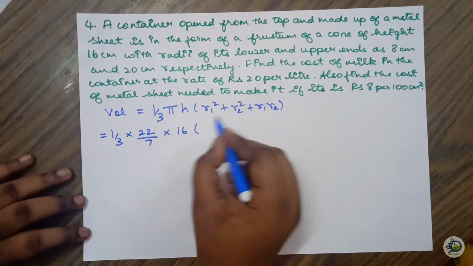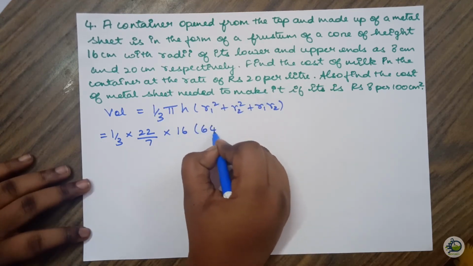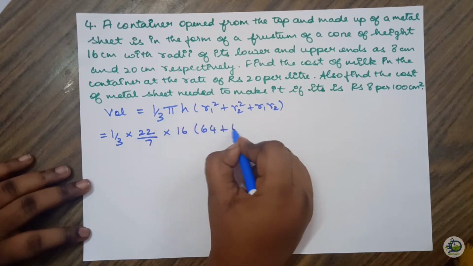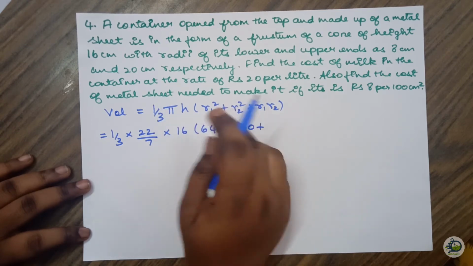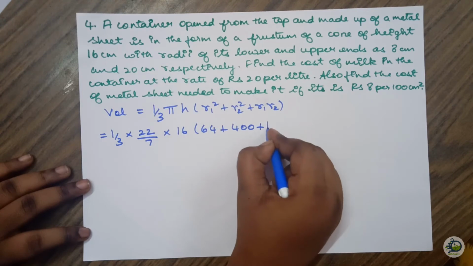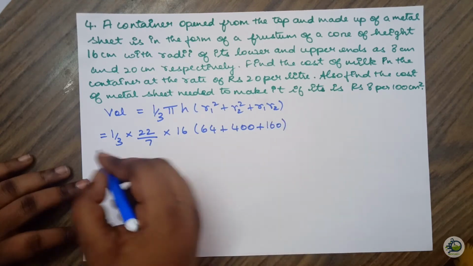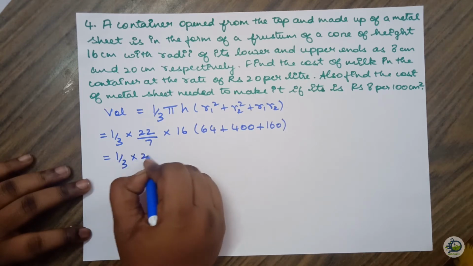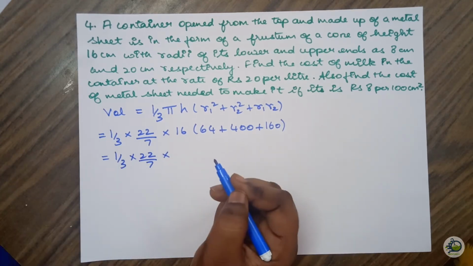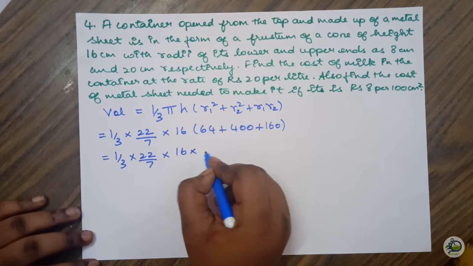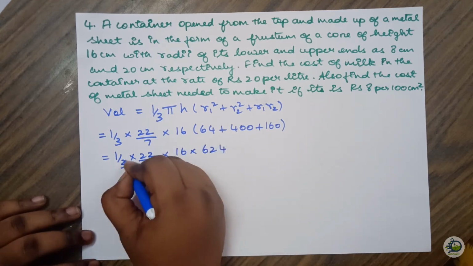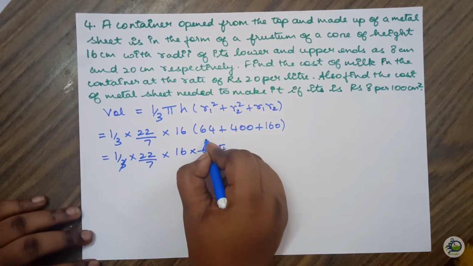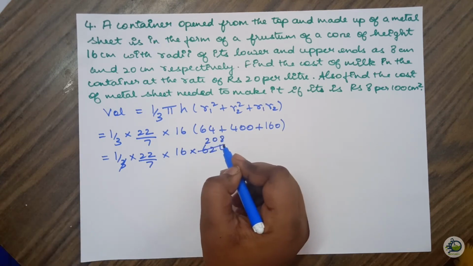R1 is 8, whose square is 64, plus R2 square is 20 square, which is 400, plus 20 into 8 is 160. So I will be getting 1 by 3 into 22 by 7 into 16 into 624. This 3 gets cancelled and we will get 208.